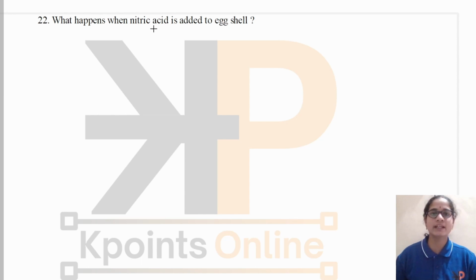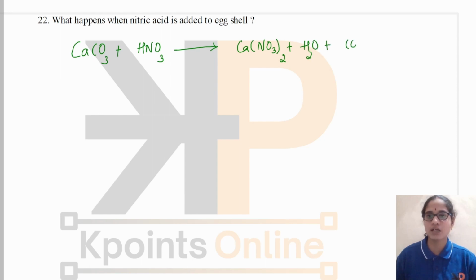What happens when nitric acid is added to eggshell? We know that eggshell is made up of calcium carbonate. Okay, when the nitric acid is added to calcium carbonate, what is the reaction that happens? Let us write calcium carbonate plus HNO3, that is nitric acid. It forms calcium nitrate plus water and carbon dioxide.